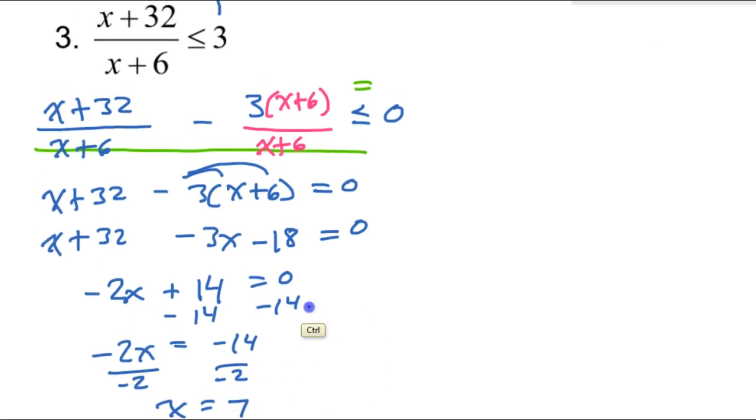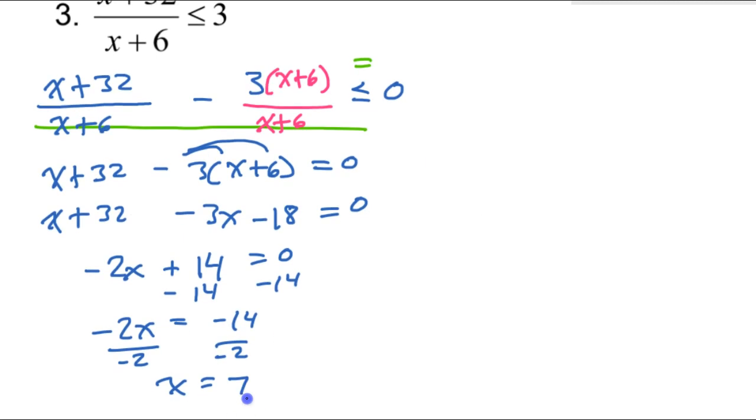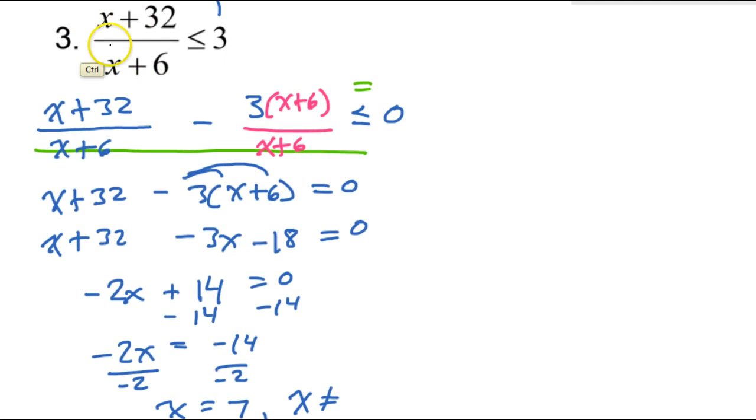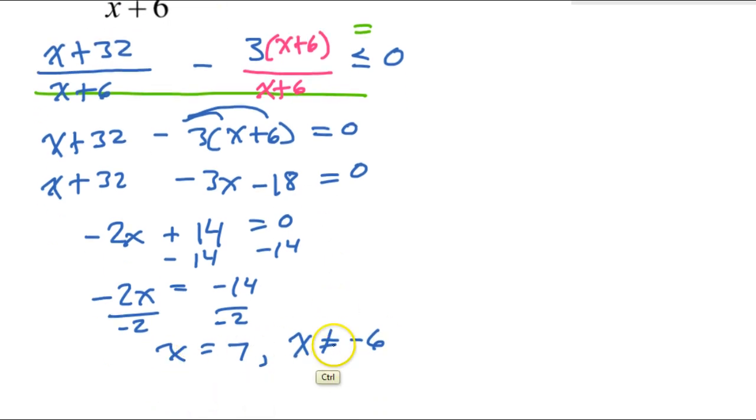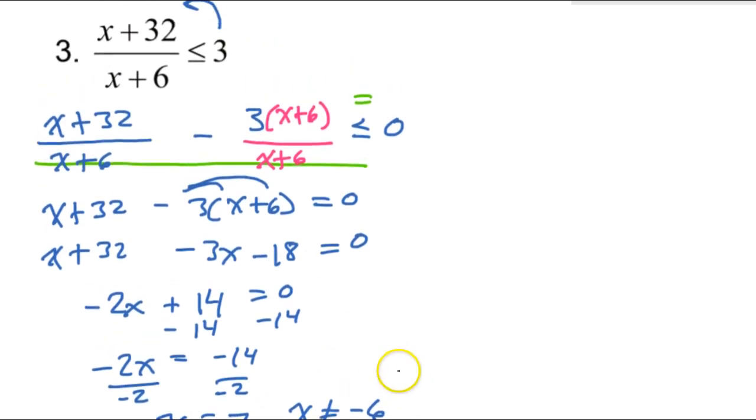Okay, so this is one critical value, x is equal to 7, but it's not the only critical value. There's also illegal values. X cannot equal -6 because that would cause a 0 denominator. So these are my 2 critical values, and they both go on a number line.